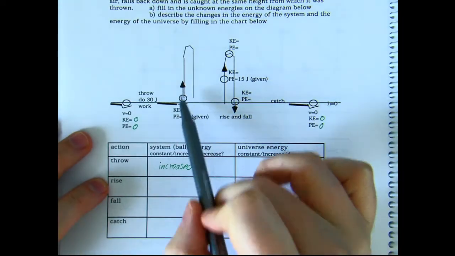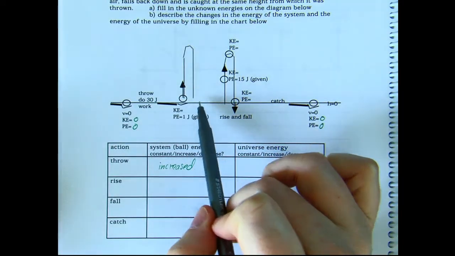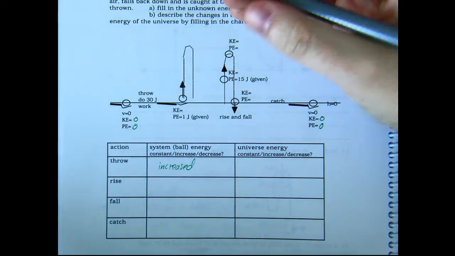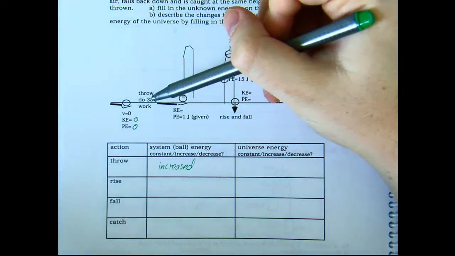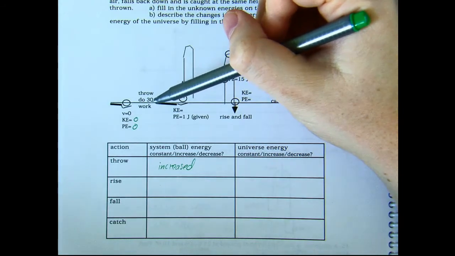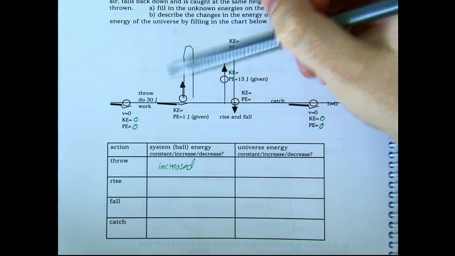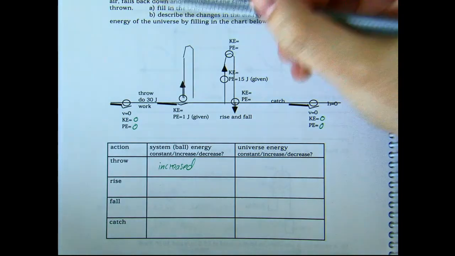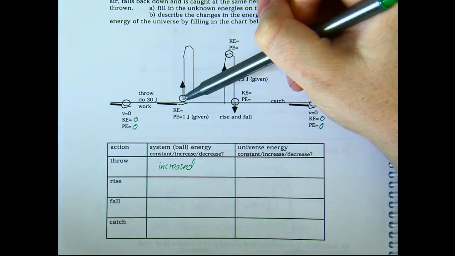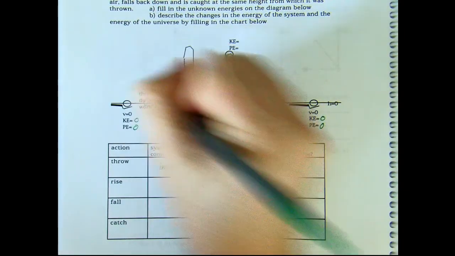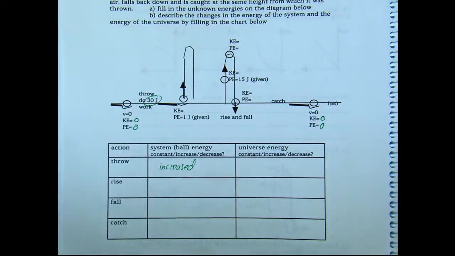As this thing rises and falls, well, what's happening to the potential energy here? We did 30 joules of work. We added 30 joules of energy to our system, which means that as the ball rises and then comes back down, it only has access to those 30 joules of energy.